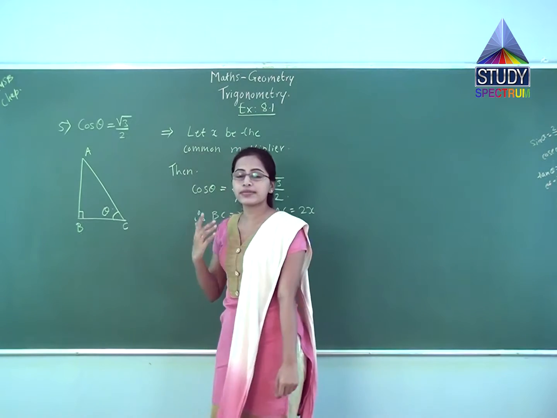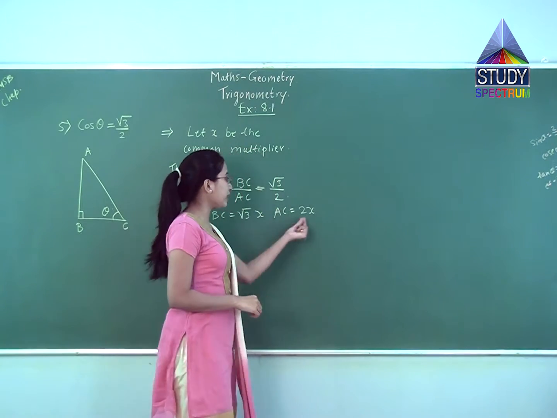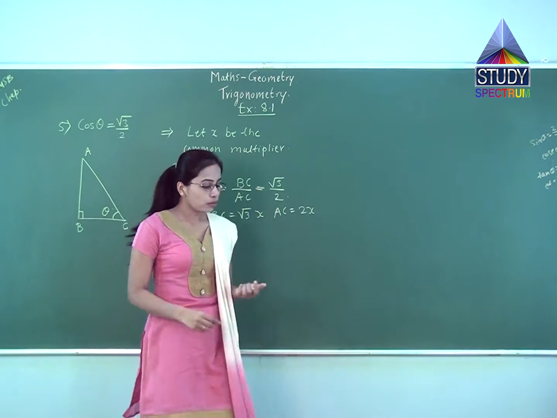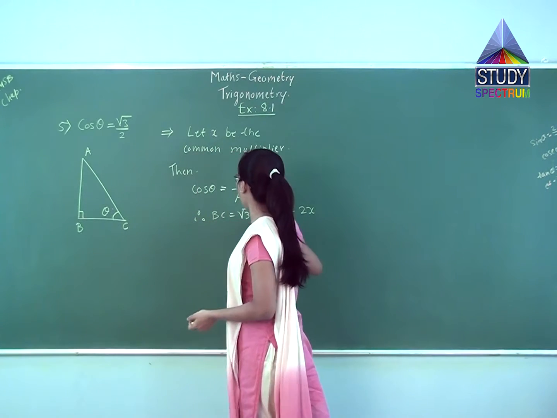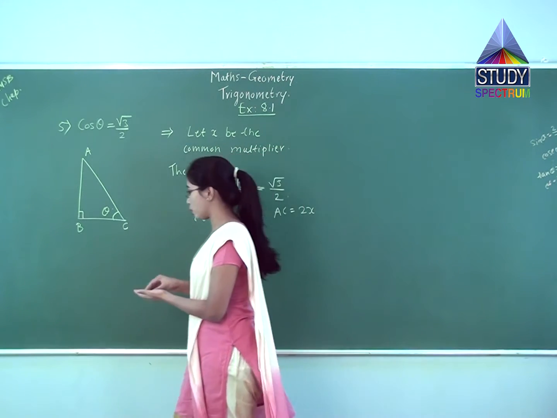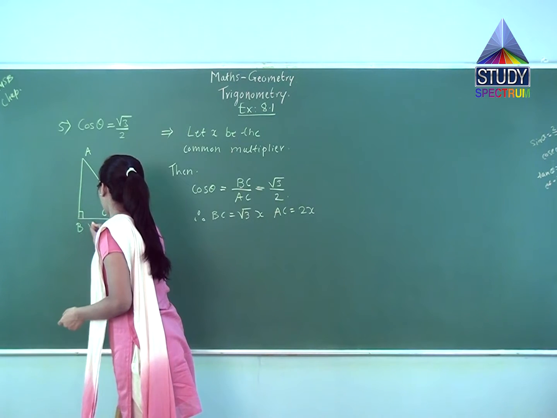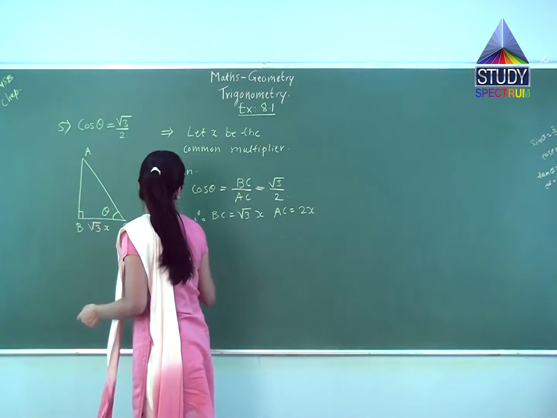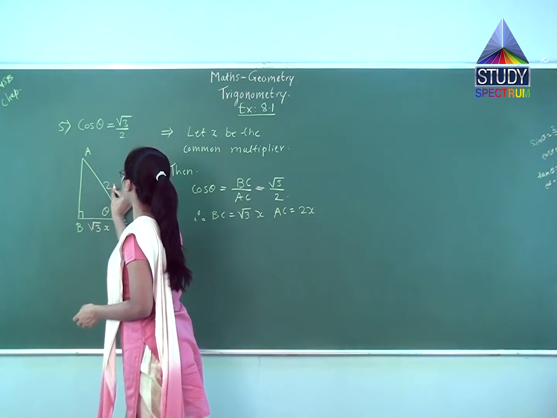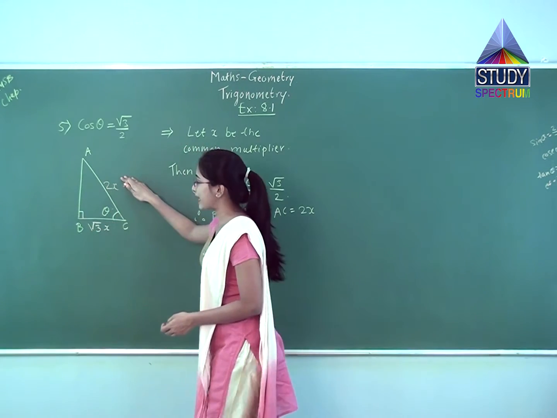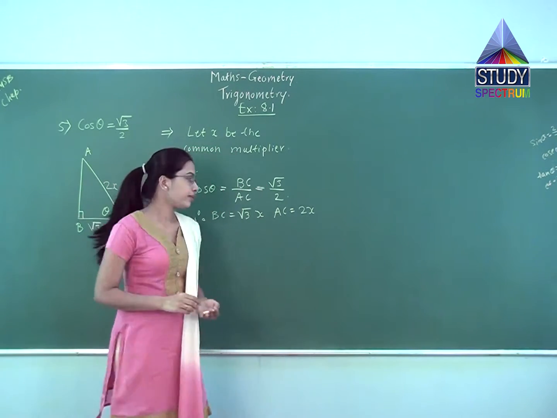Those factors we don't know here, that's why we will take it as x. So now I can write the measure of BC is root 3x and measure of AC is 2x.